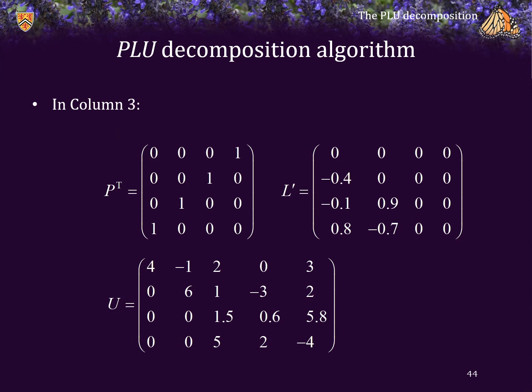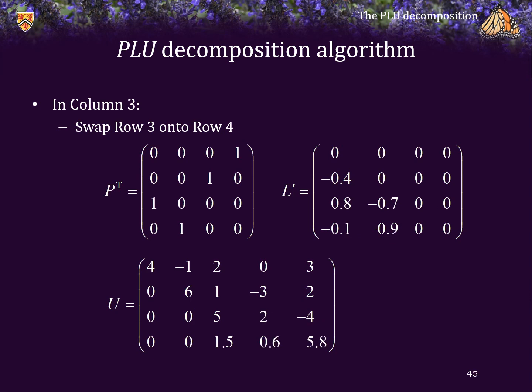Moving on to column 3, we have to swap row 3 and row 4. We do this in all three matrices. We must now add an appropriate multiple of row 3 onto row 4, which is negative 0.3 times row 3 onto row 4, and we store positive 0.3 at the entry 4,3 of the matrix L prime.